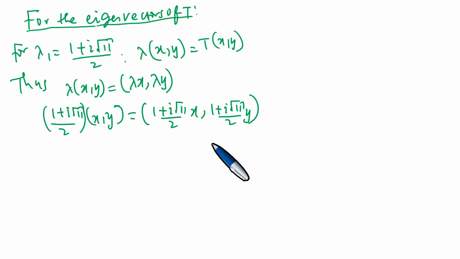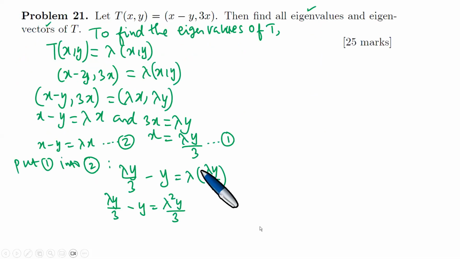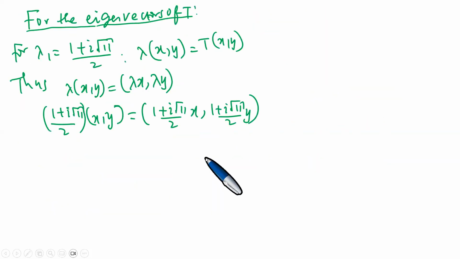But there are a couple of things we need to remember from where we started. We need to remember that x can be written in terms of y. So x is equal to lambda y over 3. We use that.